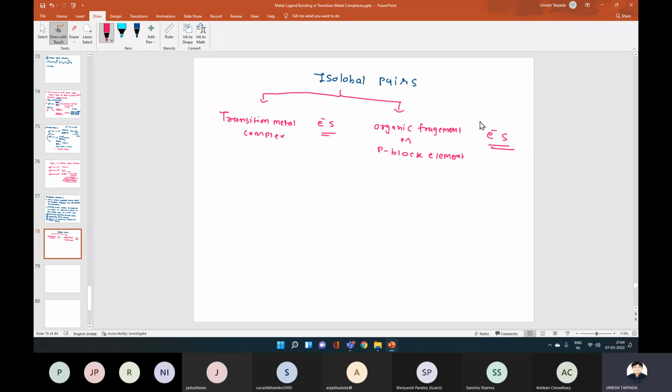So electrons from the organic part are compared with electrons from the inorganic part.